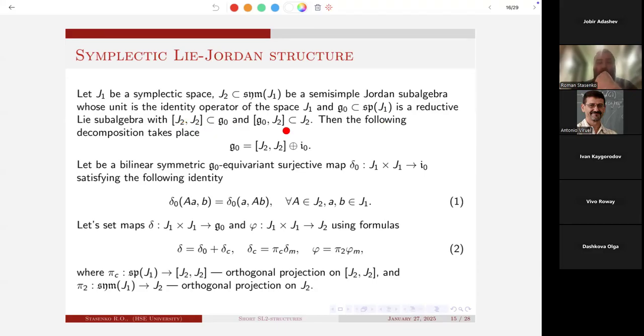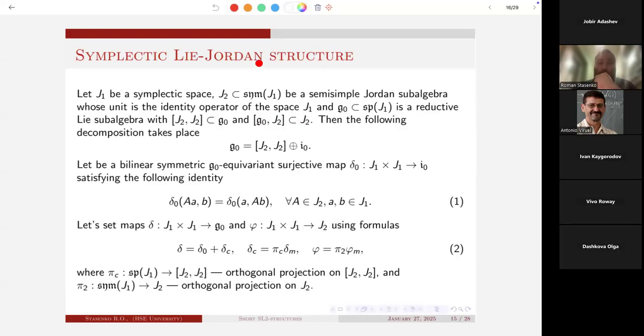In a very special case, if we look at the adjoint representation of G0 on J2, we get the action: all the commutators lie in the algebra J2. So J0, using the adjoint representation, acts on J2.